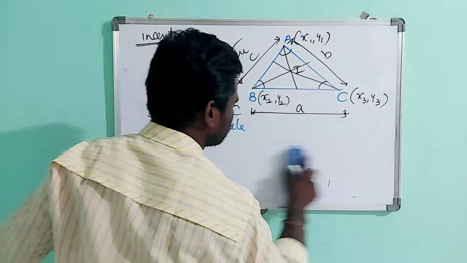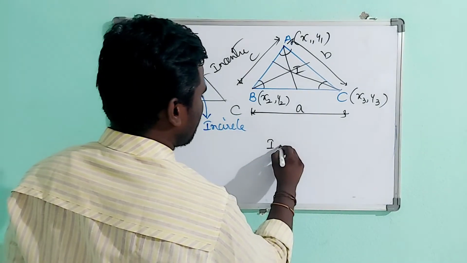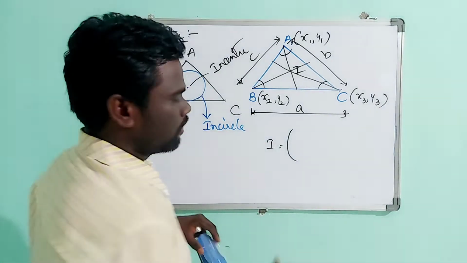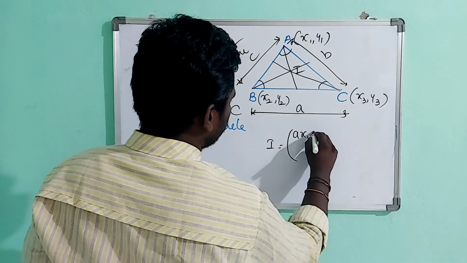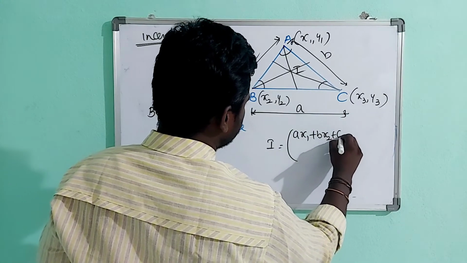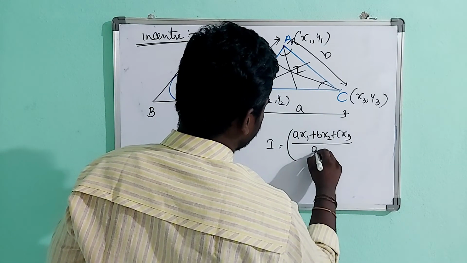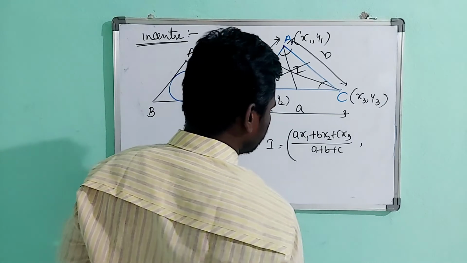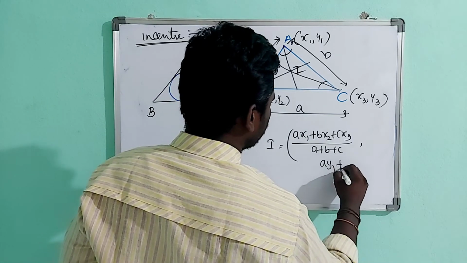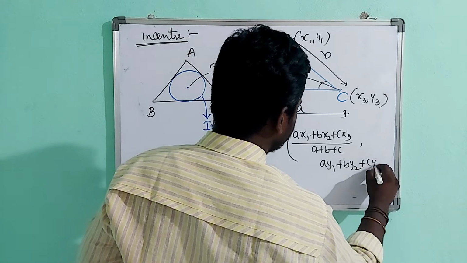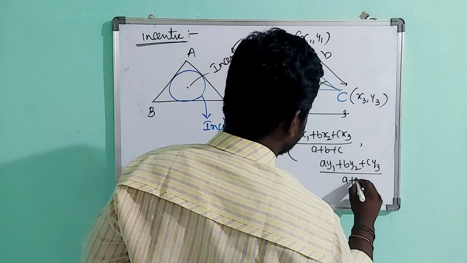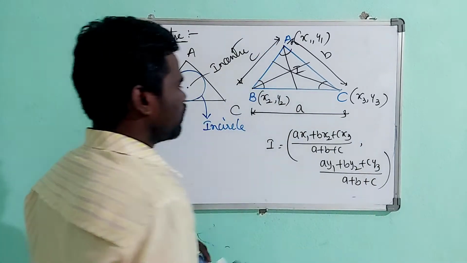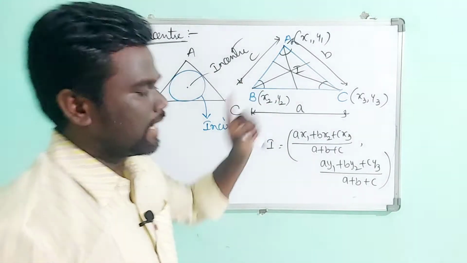Now the Incentre I equals (ax1 plus bx2 plus cx3) by (a plus b plus c), comma, (ay1 plus by2 plus cy3) by (a plus b plus c). By using this formula we can easily find the Incentre.